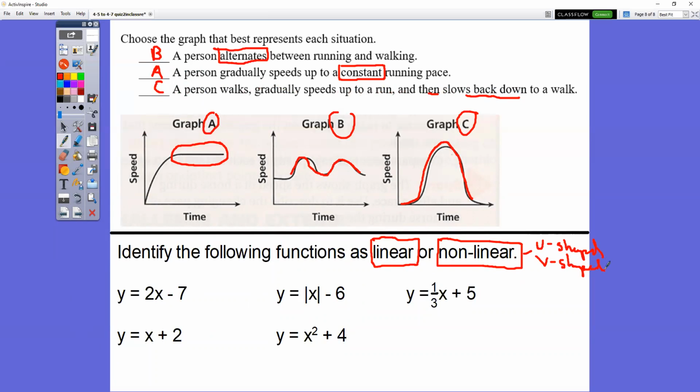So go ahead and pick out which ones are linear and which ones are non-linear. These should be really, really easy. All right. Think back to the graphs that we just did.